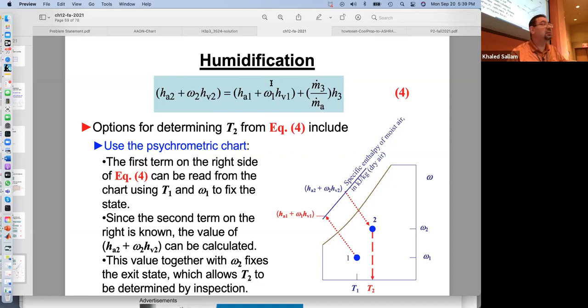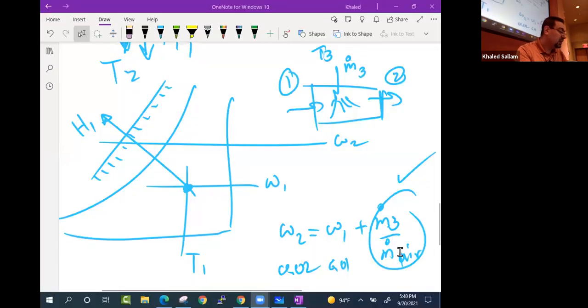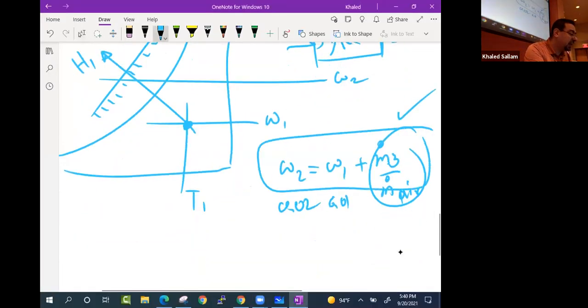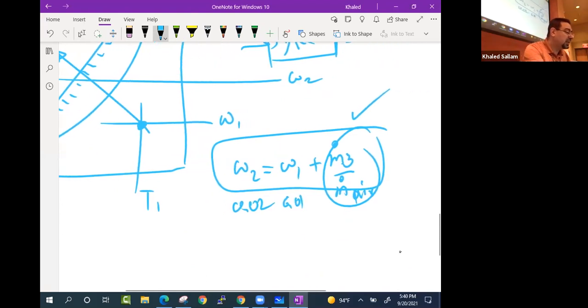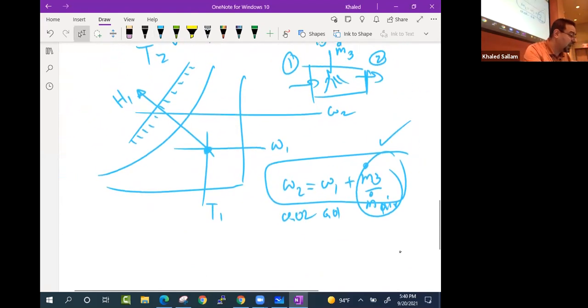And that's H1, same thing. So what's the difference between the two of them? m dot 3 H3 per unit m dot air. Just like the continuity equation said that omega 2 is omega 1 plus the extra that you add, same thing, H2 is H1 plus the extra that you add, energy-wise.